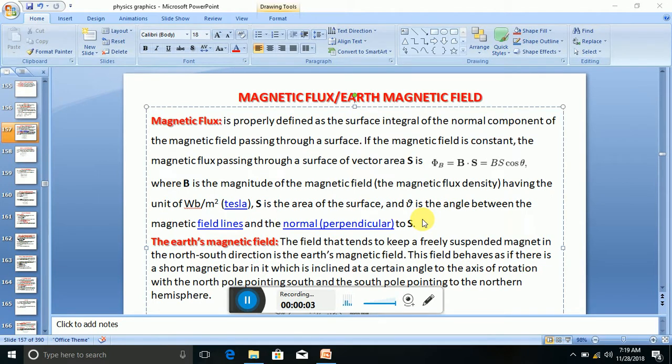Hello, welcome. Today we are going to be looking at magnetic flux and the Earth's magnetic field. Magnetic flux is defined as the surface integral of the normal component of the magnetic field passing through a surface.